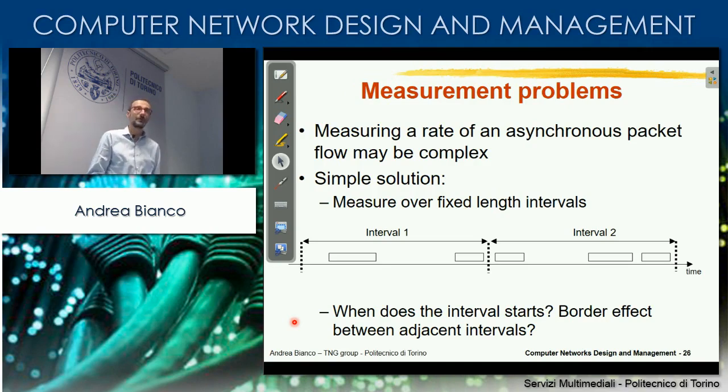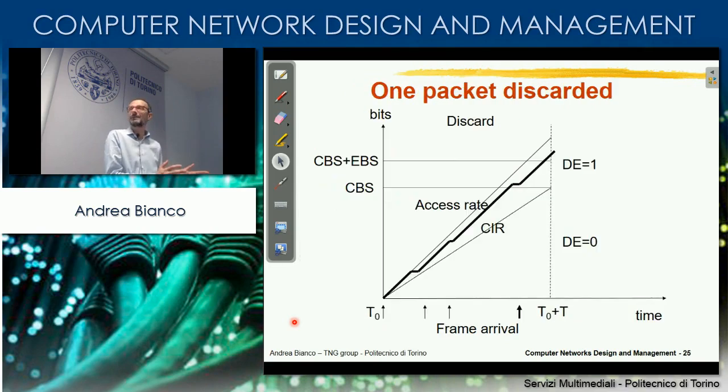So the previous examples were a kind of trick because we have seen a static scenario, right? We are considering the connection is starting at time 0 and we are only analyzing what's happening in the first period of T. But indeed, this property of not more than CBS over T should hold for any time interval T. So to be really precise, we should have a moving window, and on any window of duration T, we should verify whether we are compliant with the CIR or CIR plus CBS plus EBS or whatever, to be correct.